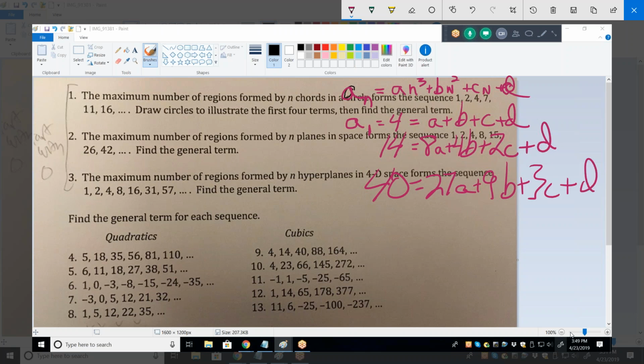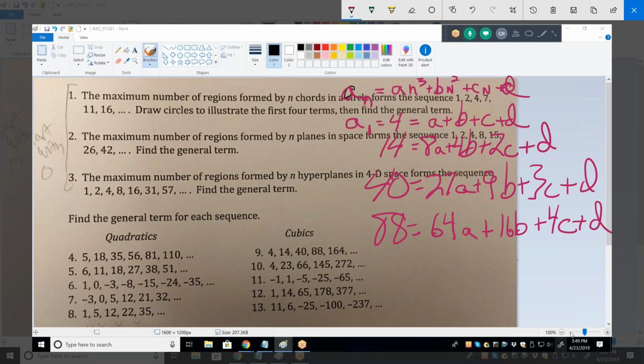And finally 88 equals 64a plus 16b plus 4c plus d. I'm sorry, 64a, I got lost at that point, but now I see. Plus 16b plus 4c plus d. Notice how these count up.